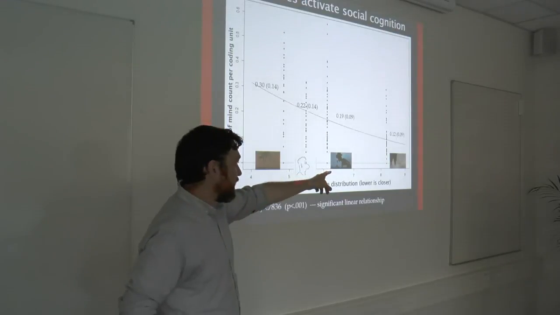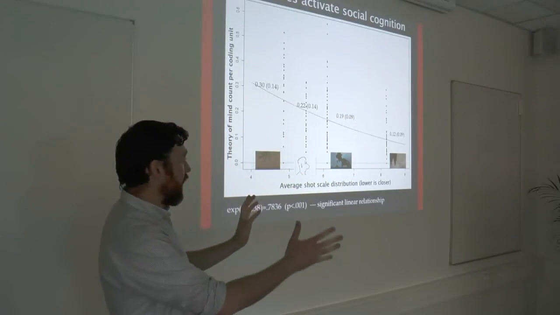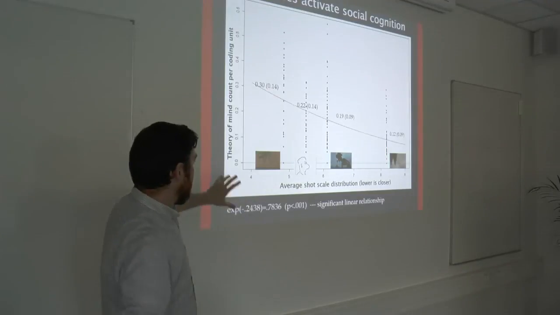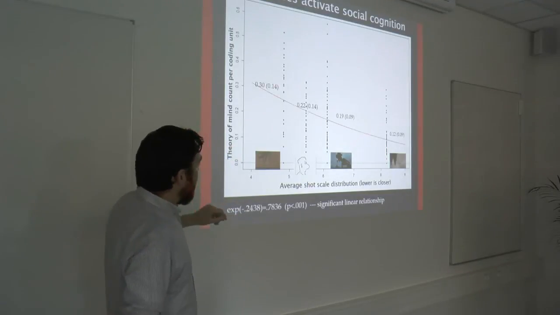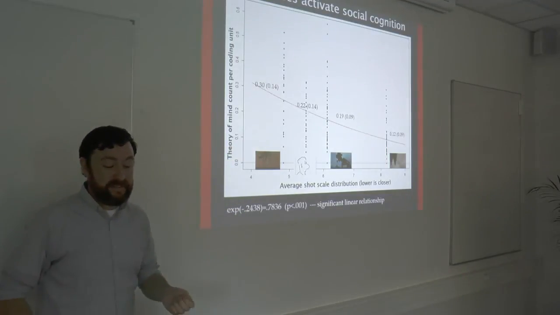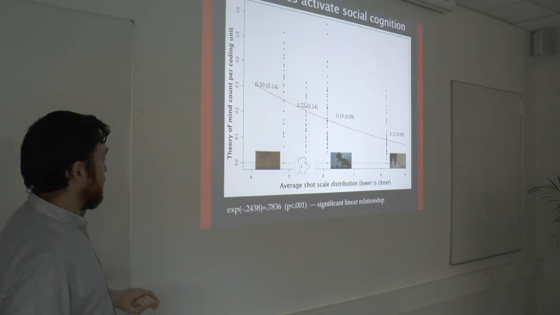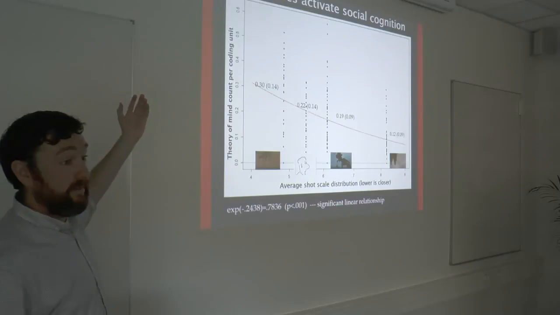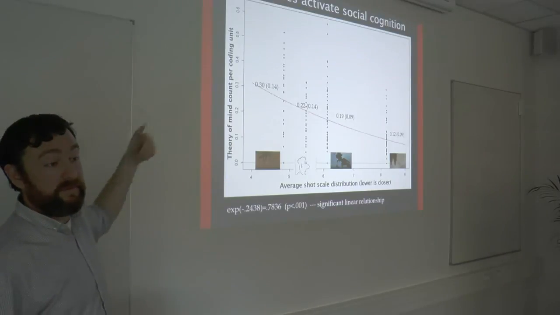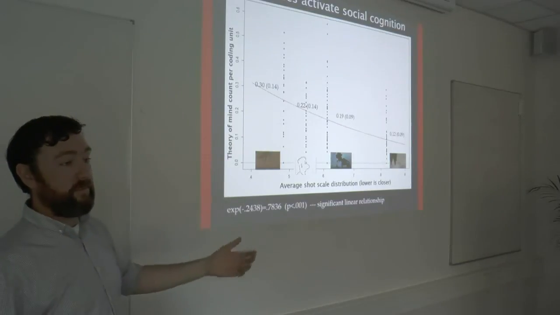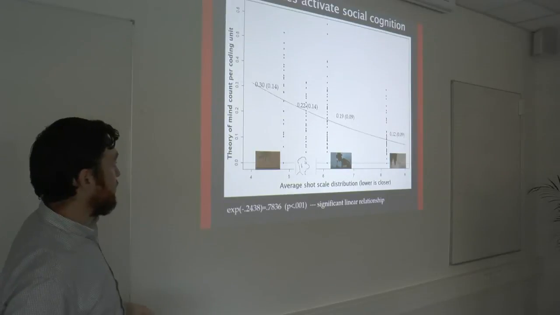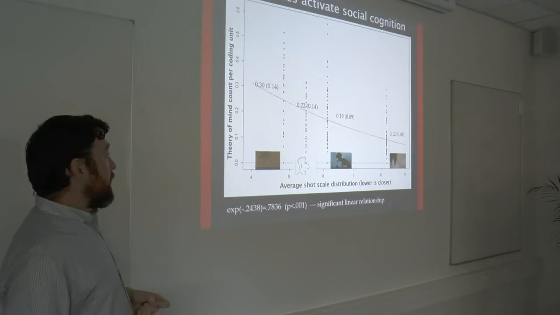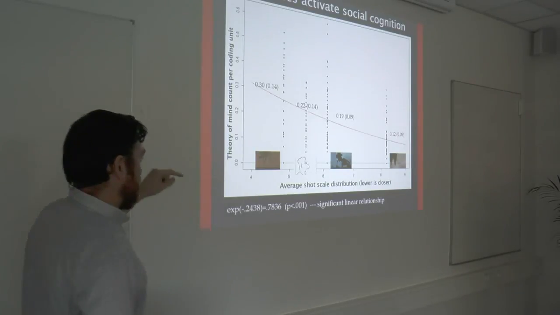So Father and Daughter is at the end there, which has no close-ups, and Letting Go is all close-ups. And so statistical analysis observed a significant linear relationship between those, and it was positive. Therefore, that means the more close-ups that were in the film, the higher the frequency of mental state references that we observed in participants' responses, for the average shot scale of the films.